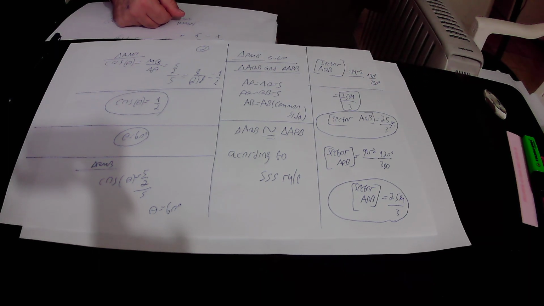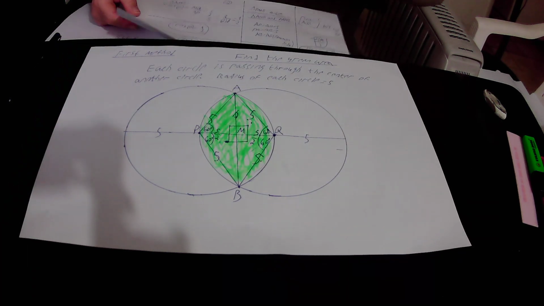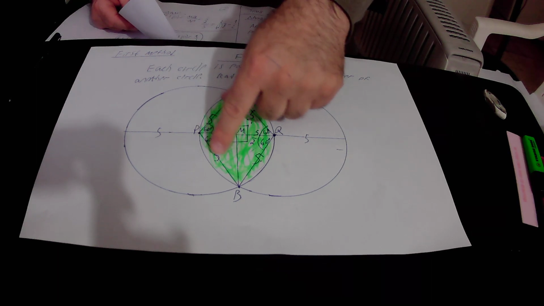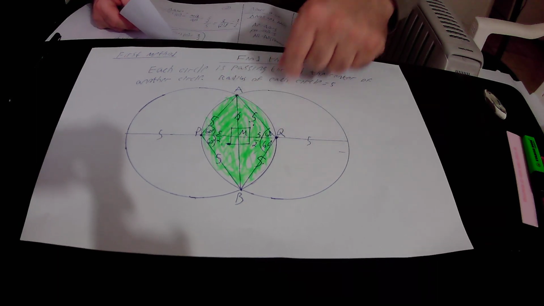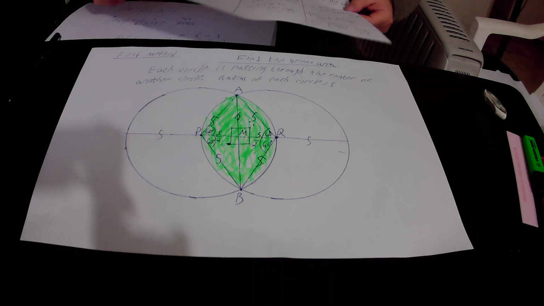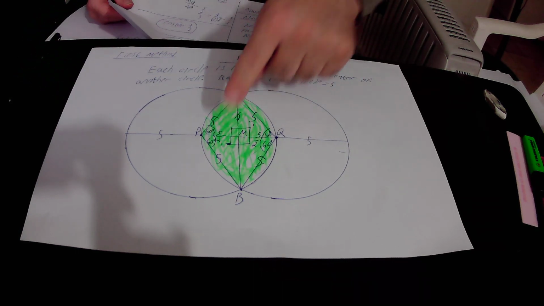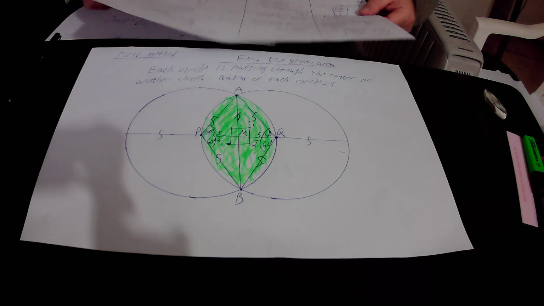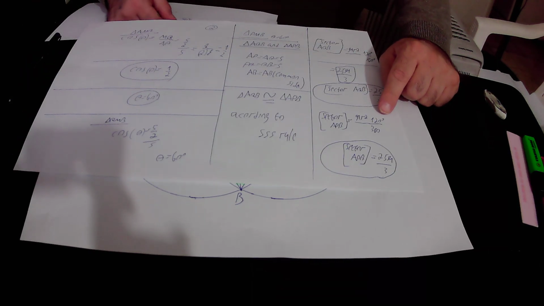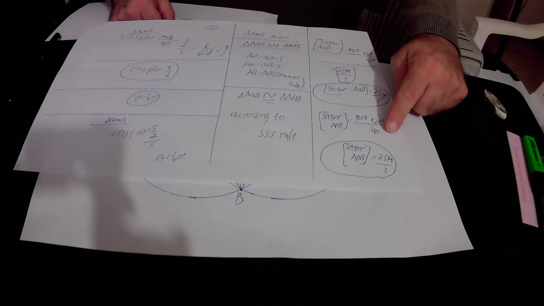Likewise, we found that the area of sector APB equals pi r squared times 120 degrees over 360 degrees.